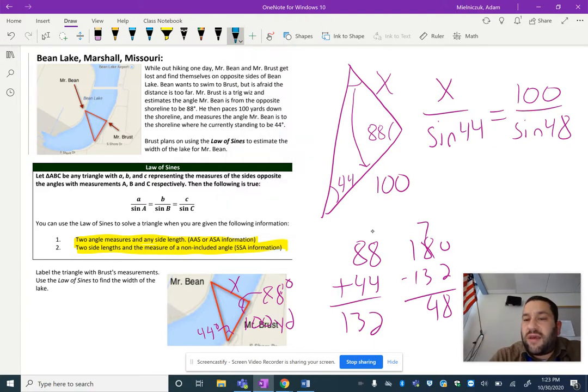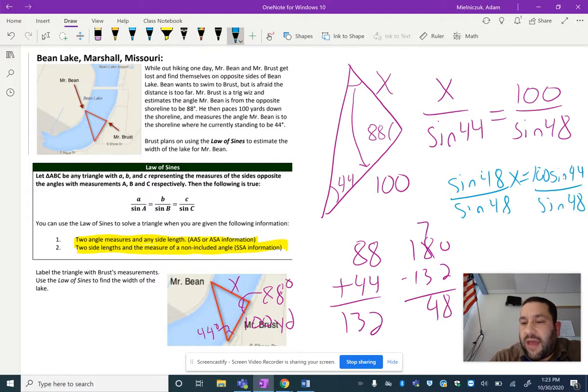So we're going to say sine 48x equals 100 sine 44. Now we're going to divide both sides by the sine of 48 to get that x equals 100 sine 44 over sine 48. Now, how do we solve that?